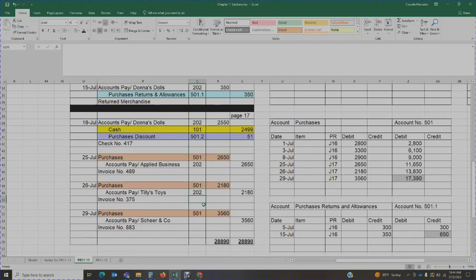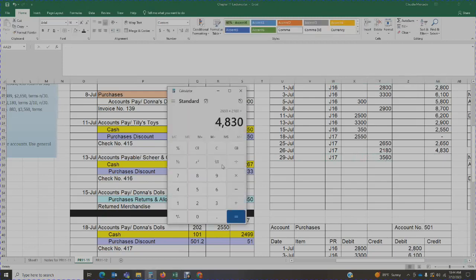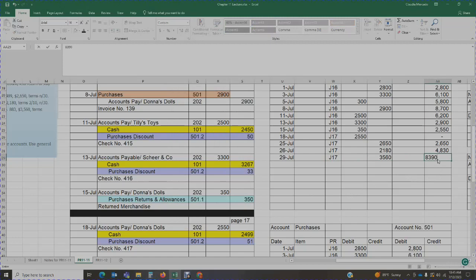Okay. And then last but not least, on the 29th, I've got an entry to my accounts payable for $3,560. So I've got $3,560. We're going to add the $4,830 plus the $3,560. That's going to give me $8,390. Okay.